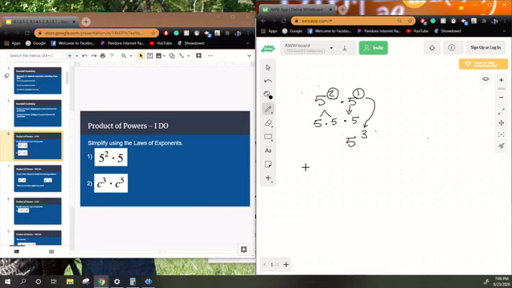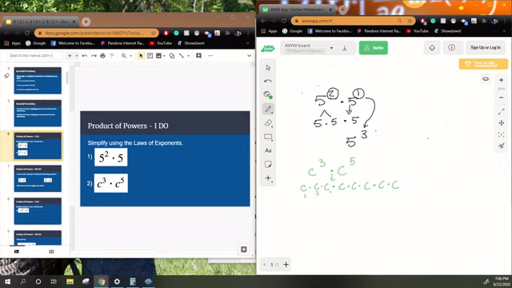Let's go ahead and look at a different example and make sure that this rule stays true. If I have c cubed times c to the 5th power, what's this saying? Well, c cubed is saying c times c times c, and we're multiplying that times c to the 5th, which is 5 c's. So we have c times c times c times c times c times c times c times c. Man, that's a mouthful. So how many c's do we have here?